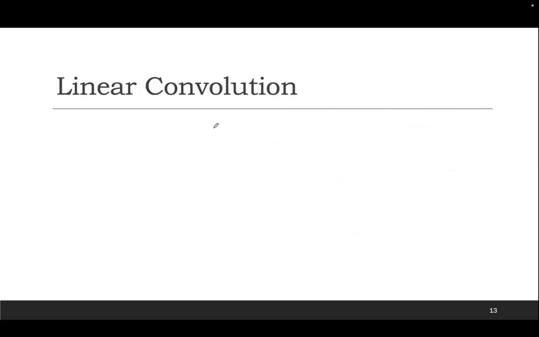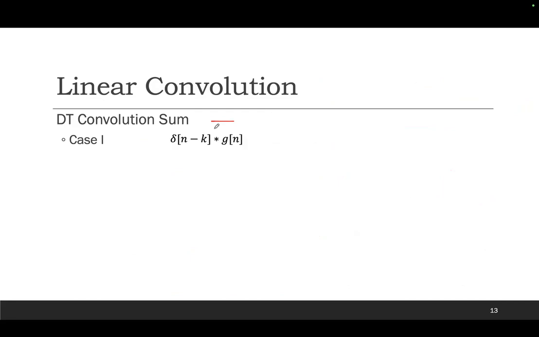And let's review the linear convolution. For linear convolution, we have two different types: the CT convolution integral and the DT convolution sum, because DT is a summation rather than an integral. For case one, you have the input signal, and the impulse response is very simple, just some kind of impulse function.